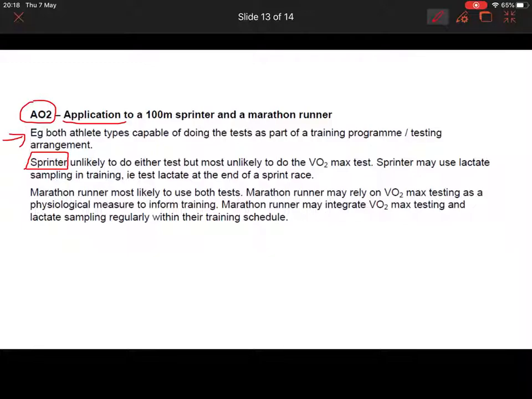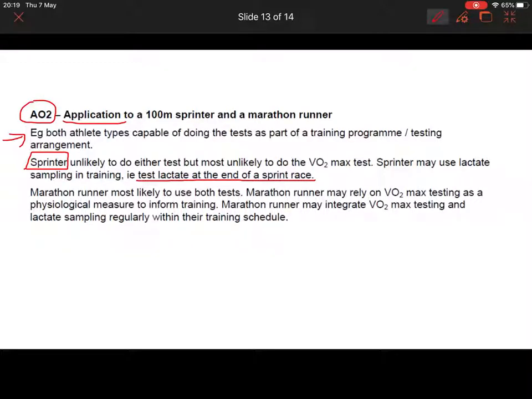But it says that a sprinter may use lactate sampling in training. So, for example, one of the things that I came up with when this question first came out is, I used to be a sprinter when I was younger and a lot slimmer.